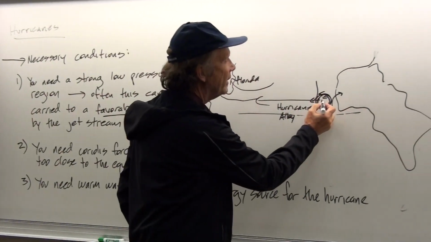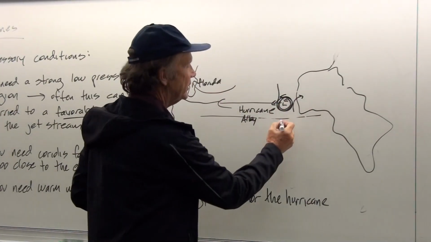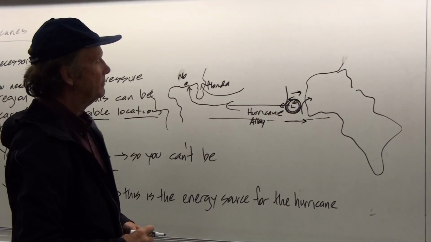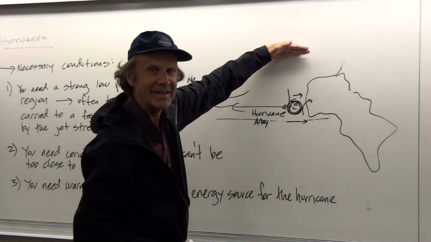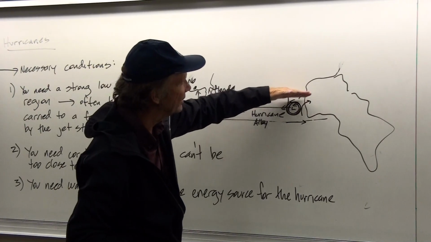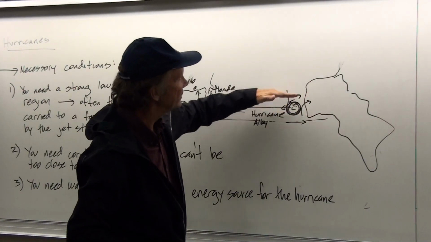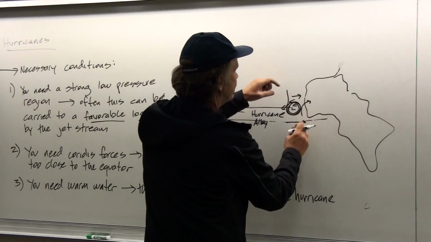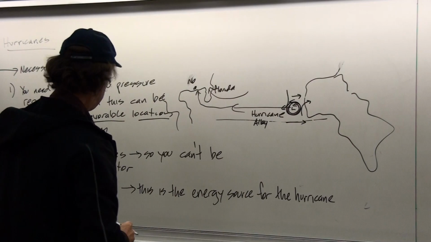And so you need to be far enough away from the equator so that you get a difference in velocity between the air that's moving at the equator and the air that's moving at higher latitudes. Remember, by the time you get to the North Pole, the air doesn't have to move at all to keep up with the Earth. And so at the equator, it's moving the fastest to keep up with the Earth. It doesn't have to move as fast at an in-between latitude. So this difference then between one side and the other of the hurricane in the speed is what gives it this kind of a counterclockwise circulation.